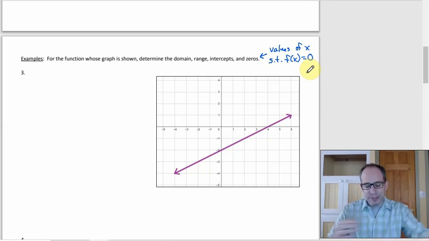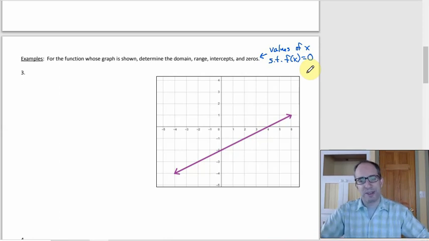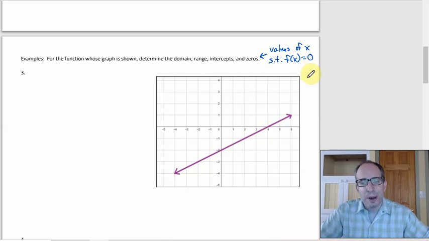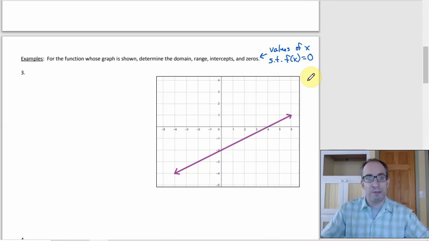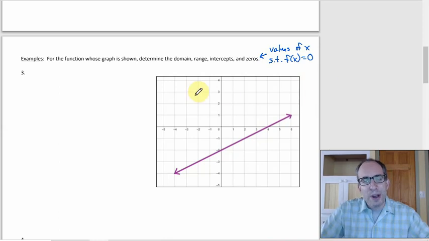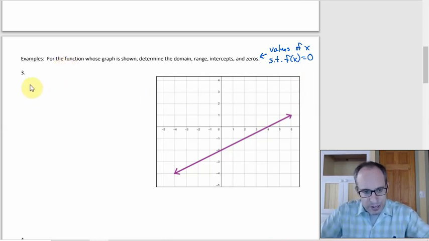So the x-coordinates of the x-intercepts would be the zeros. But still, you're looking at the points where the graph is going to cross the x-axis. That's where you're going to find them, which is the same place you would find the x-intercepts. So basically, you're looking for the same stuff. All right, well, the domain and range first, I suppose.